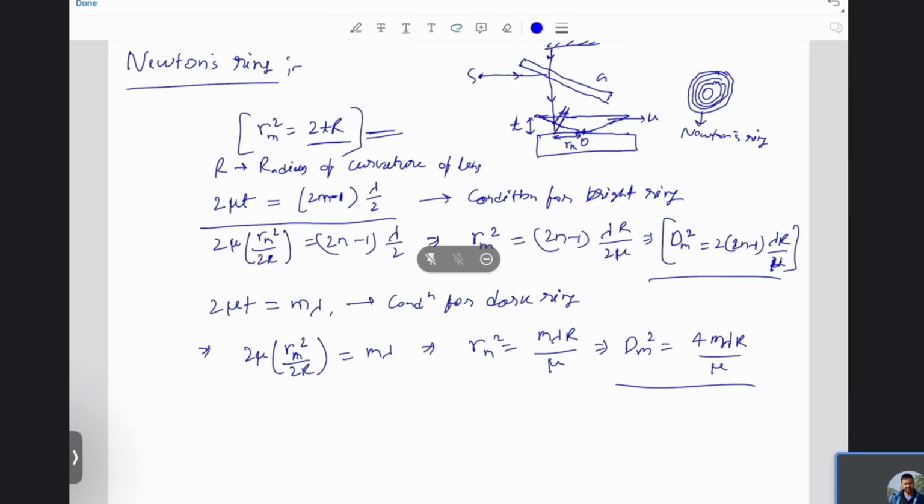Basically, suppose you have the mth dark ring, you have the diameter as 4m lambda r. So suppose for now this medium is air, so mu is equal to 1.